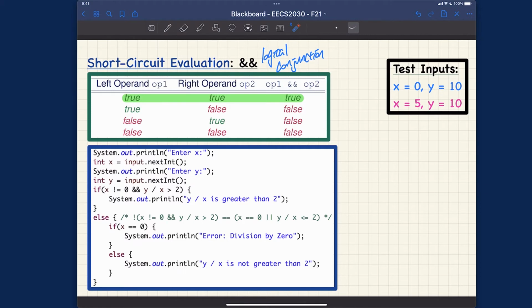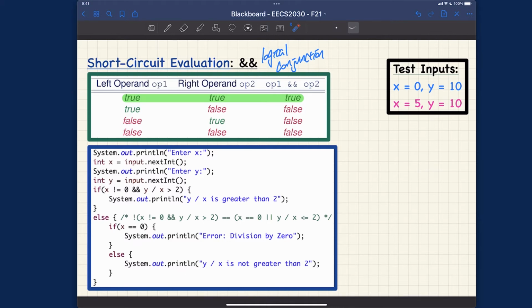The only way to make the conjunction true is for both operands to be true. If any or both of the operands are false, the conjunction will just be false. That's the insight into the truth table.